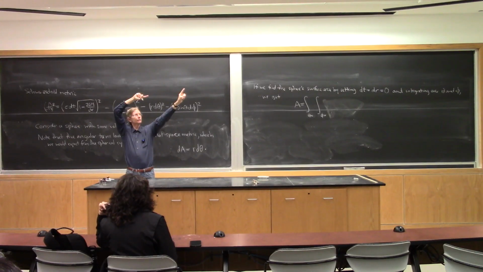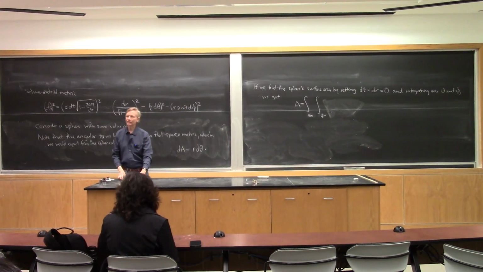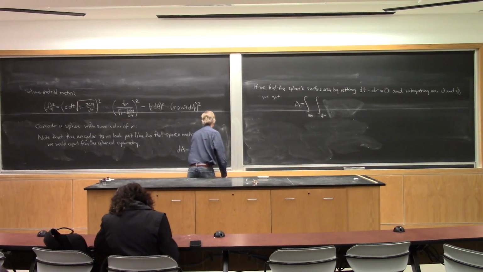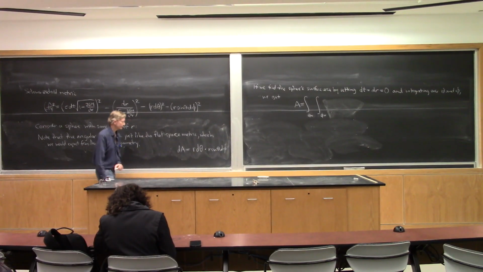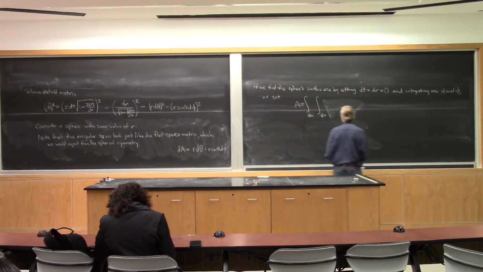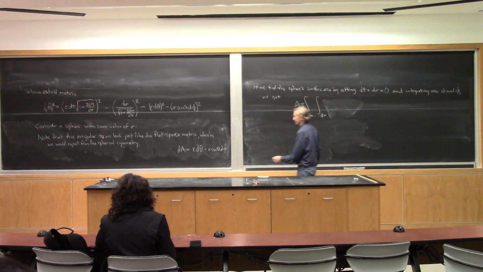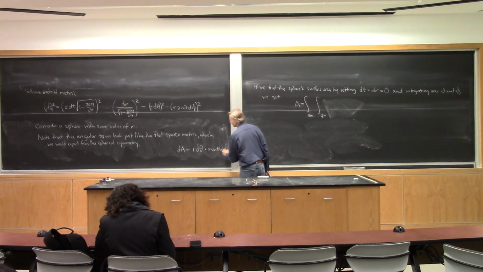So if I swing through d phi on a little length r sine theta, what distance do I sweep out? r sine theta d phi. So it's r d theta times r sine theta d phi. In other words, if I'm adding up all the little area elements, my integrand is r squared sine theta d theta d phi.